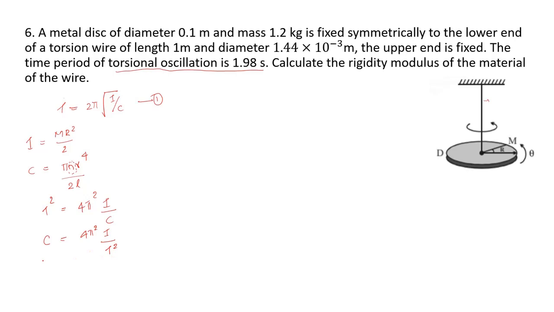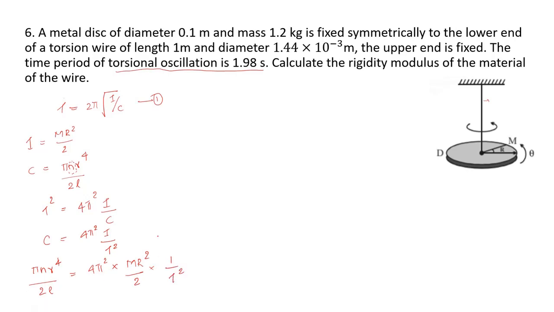So, let's substitute for C and I. C is pi n r to the power 4 divided by 2l, which is equal to 4 pi squared into I, and I is m r squared by 2, into 1 by T squared.